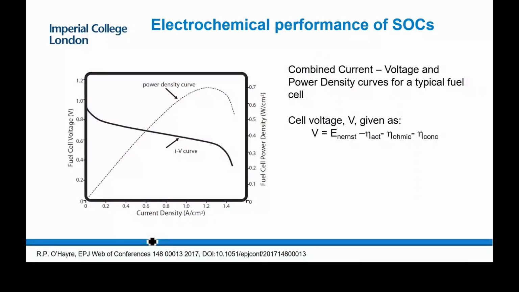So let's then think a little bit about going back to electrochemical performance of these solid oxide cells. What we're looking at here is a typical IV curve. So for the fuel cell technology, we have voltage against current density, and there's your IV curve. Okay, so typically you're looking for open circuit voltages of round about 1 volt, and that's determined by effectively the Nernst equation.